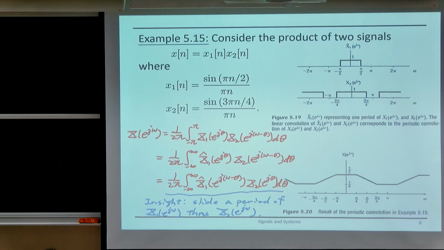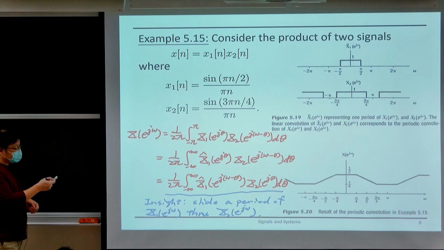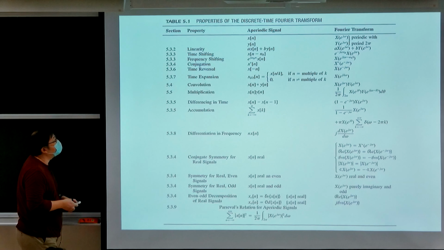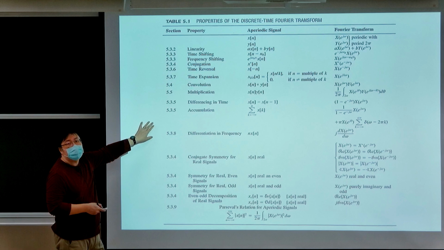So this is about most of the properties that I wanted to talk about, which we have also looked at in the continuous time case. And a lot of these properties also hold when we were talking about Fourier series representation. If you want to look at some other properties that we didn't talk about in detail, they're summarized in these tables in the textbook.